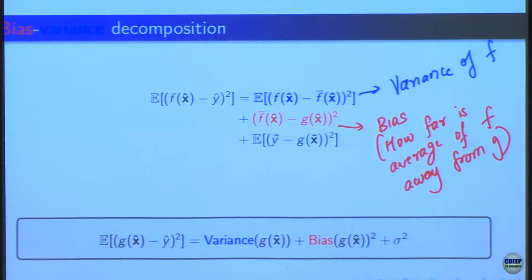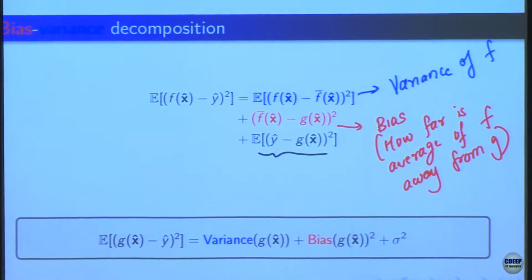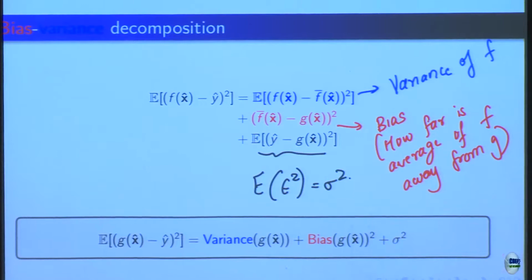And the third we already know, y hat minus g of x hat is epsilon. So the third part is nothing but the expected value of epsilon squared, which is sigma squared. This is the noise, or the variance of the noise.